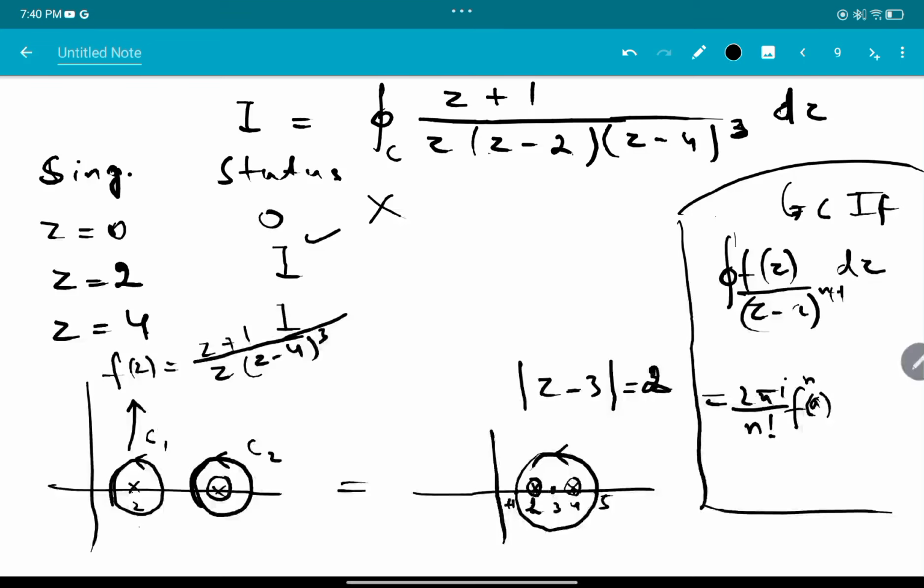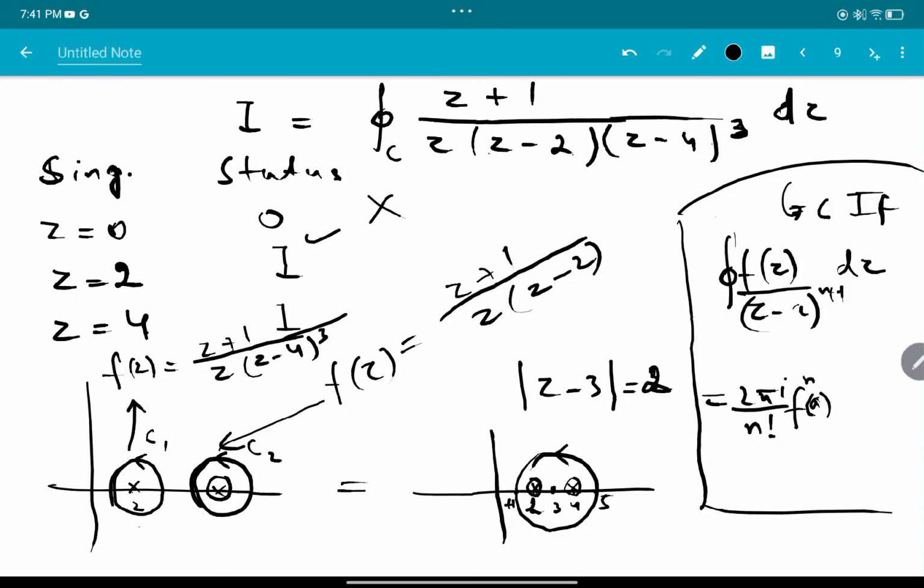Now for C2, the singularity factor is z minus 4. So what is f(z)? It is the part of the integrand left without this: z plus 1 divided by z into (z minus 2).